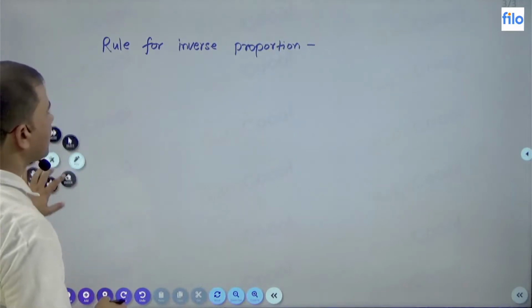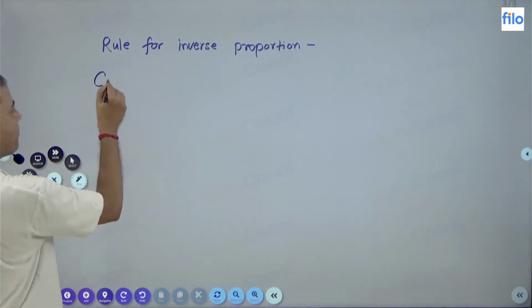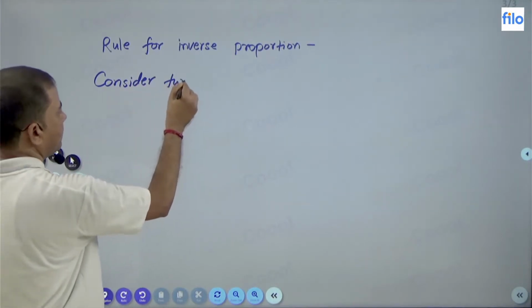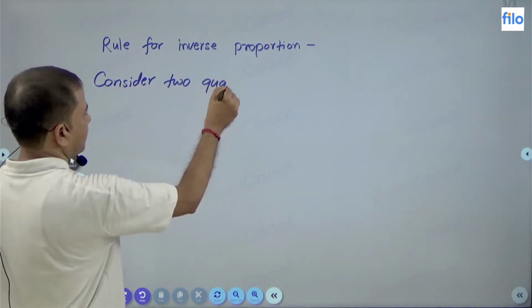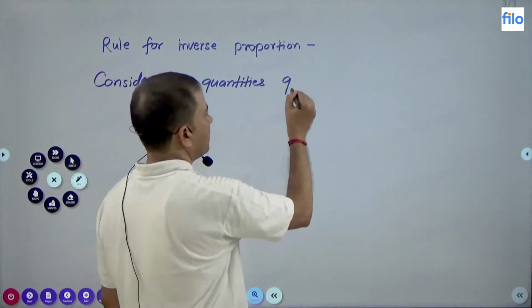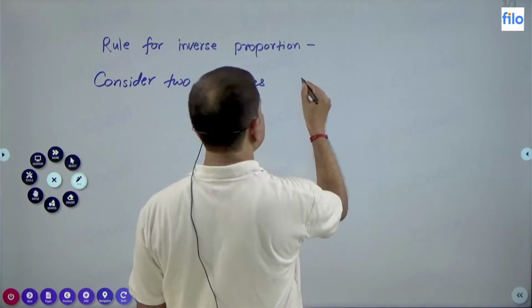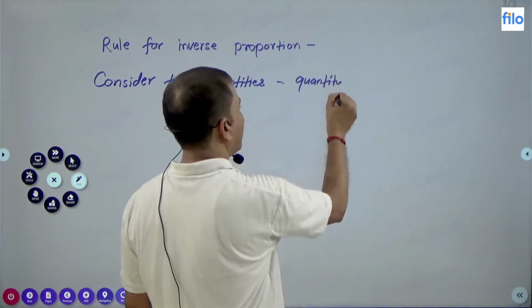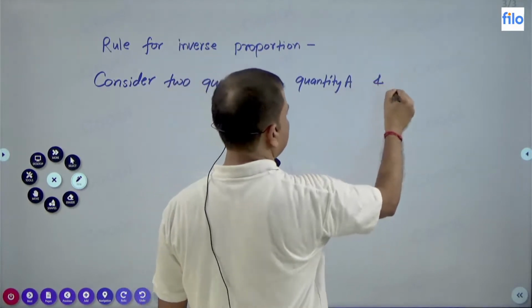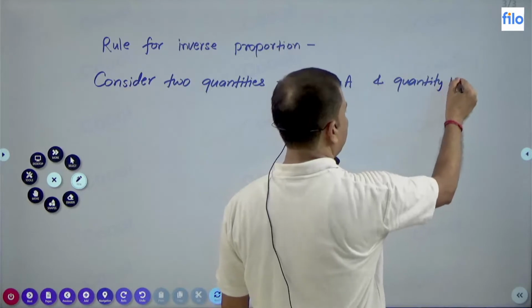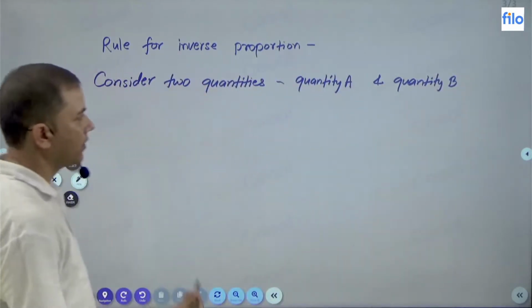Here also consider two quantities, quantity A and quantity B. Let us make the table here as well.